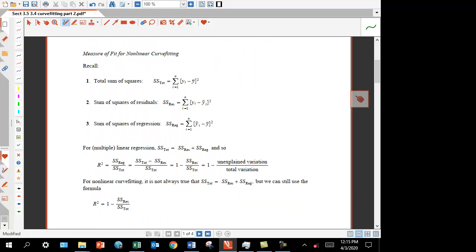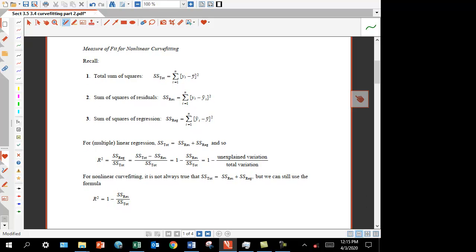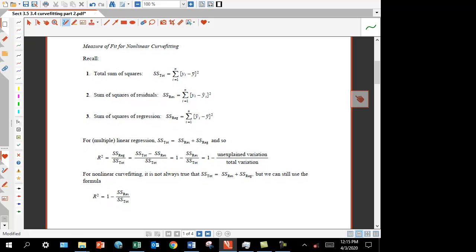First, I want to remind you of how we might evaluate models, or how we do evaluate models. Here are our definitions again for SS total, SS residual, and SS regression. And for multiple linear regression, we defined R squared as SS regression divided by SS total, the amount of variation explained by the model over the total variation.